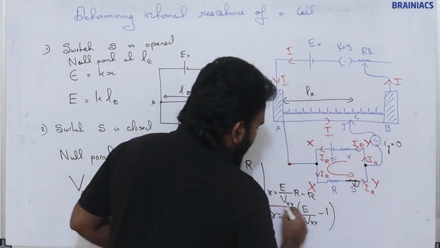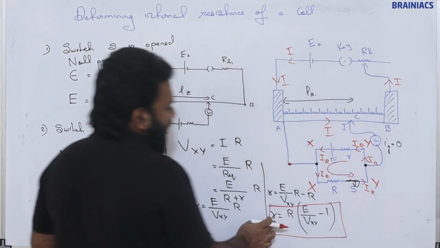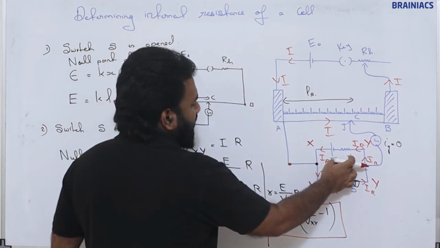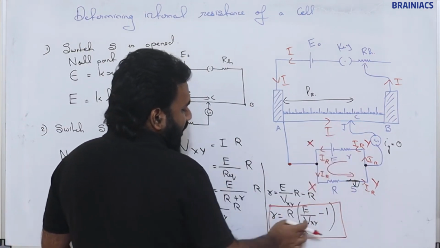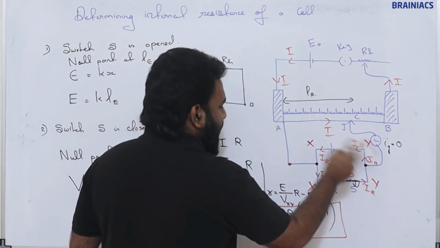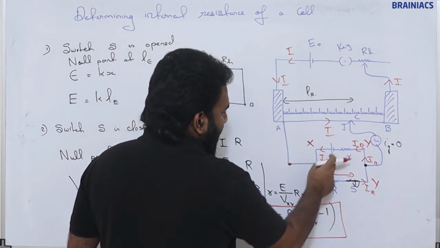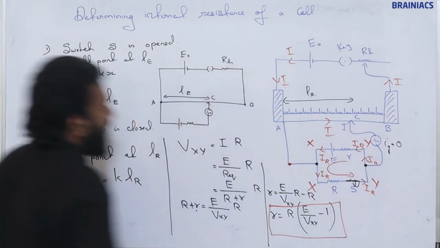So each term, what it denotes, we must understand. This r is internal resistance of this testing cell. VXY is the potential difference across these 2 points when this switch is closed. E is the EMF of this cell. Clear? Note it down.